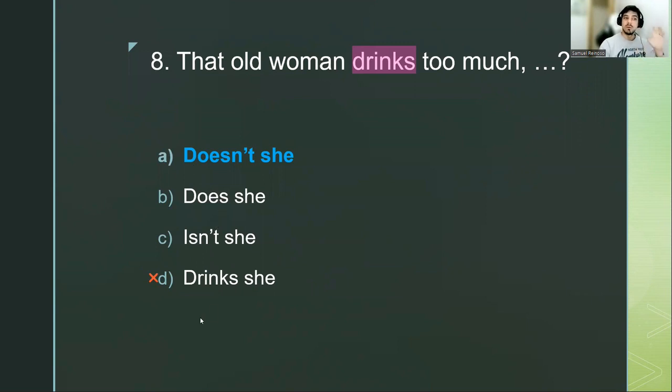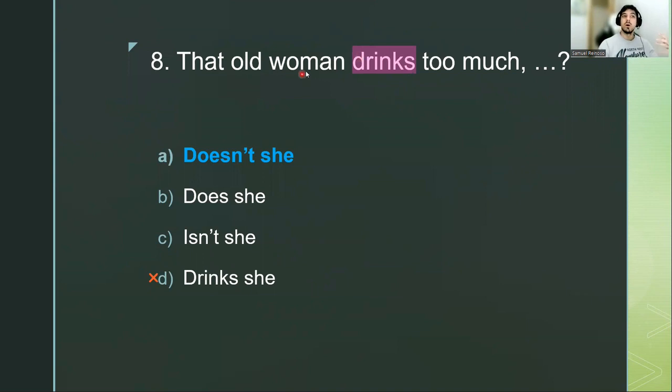Okay, so that's pretty easy. Let's take a look at the sentence. Drinks. Which tense are we using here? ¿Qué tiempo utilizamos? Okay, simple present, right? The S is simple present. Okay, and how do we create a question, or how do we create a negative sentence in simple present? ¿Qué auxiliar utilizamos en negativo o preguntas? Okay, which is the auxiliary verb?